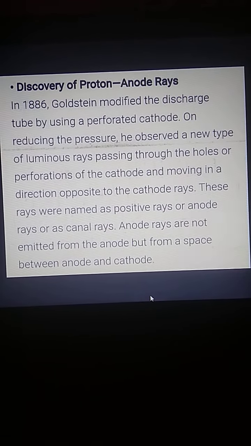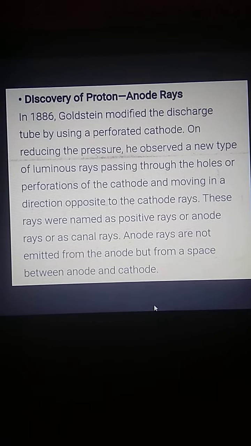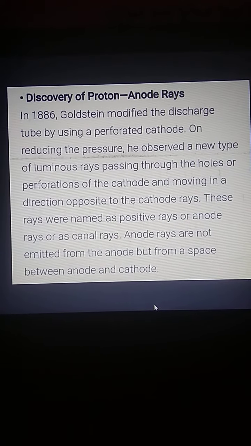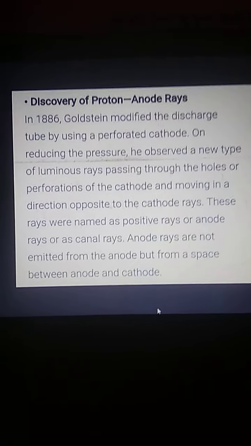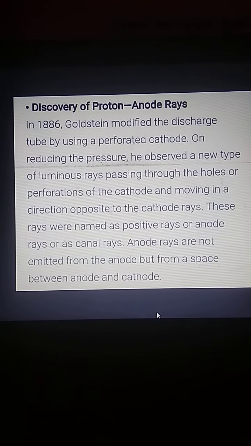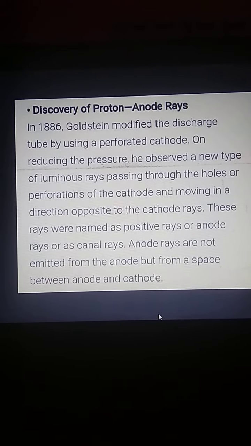In a similar way the voltage is applied, but the pressure used is greater than in the case of cathode rays. Here the pressure used is about 10^-1 mm of mercury. More pressure is used and a perforated cathode is used.